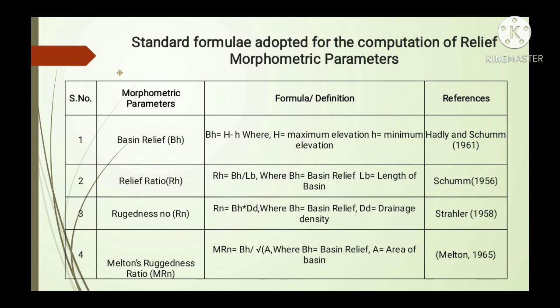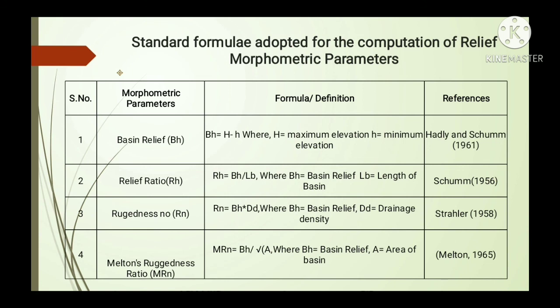Relief ratio normally exhibits an inverse relationship with drainage area, that is, relief ratio increases as the drainage area decreases. There is also a strong relationship between hydrologic characteristics and the relief ratio.